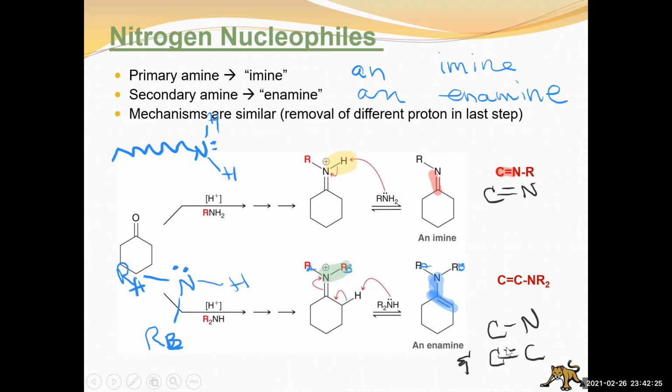So keep in mind that you have two very different products, even though you're starting with a nucleophile that's, you know, they're both nitrogen nucleophiles. Okay, so that's just focusing on that last step.